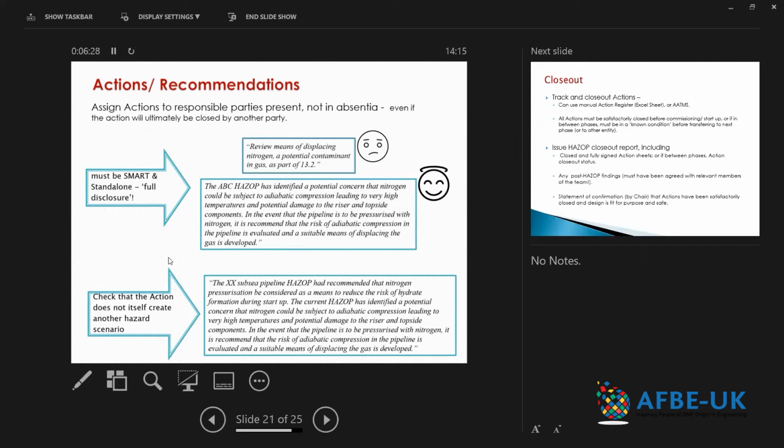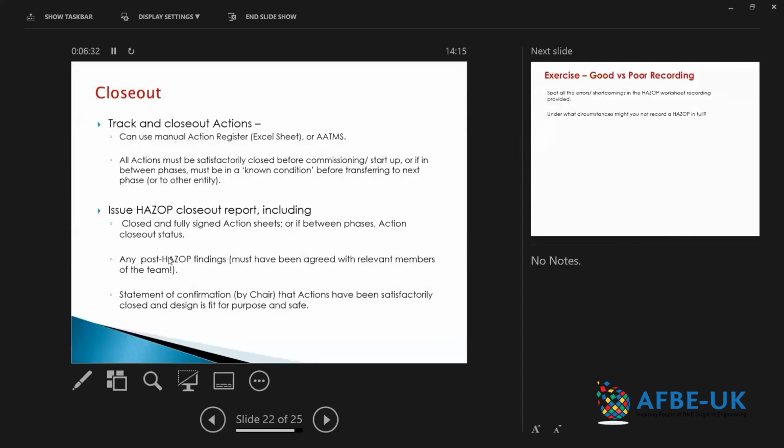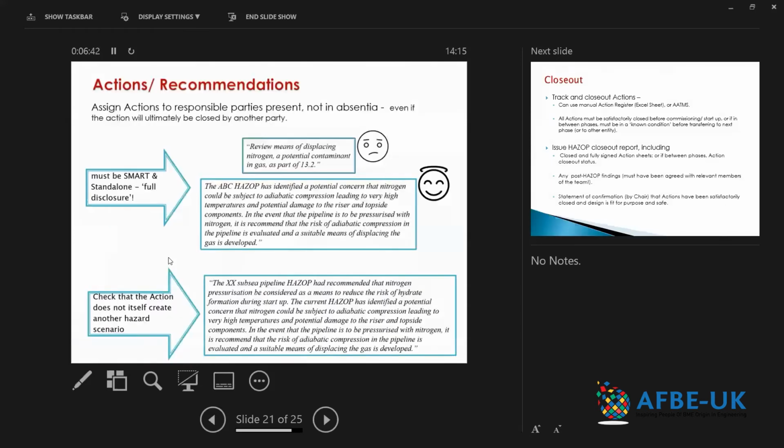As I mentioned earlier, you've got to time them, you've got to assign them to people. So the other bits on the HAZOP: you must track the actions and close out. The first sentence at the top is what I was looking for: actions must be assigned to responsible parties who are in the room.